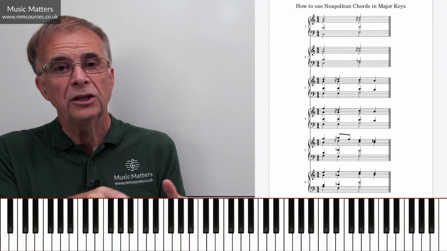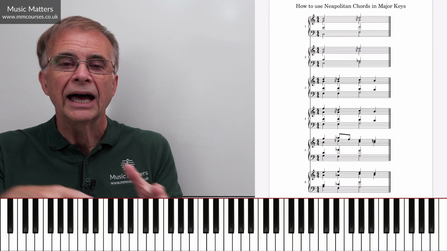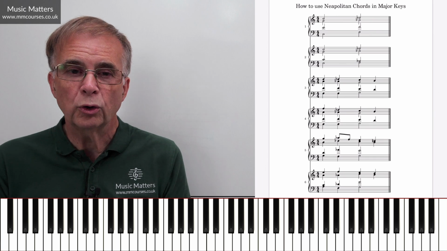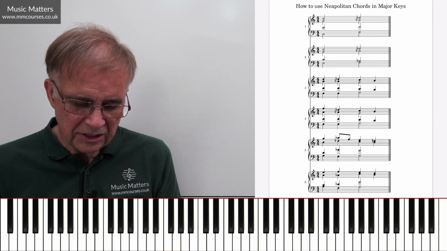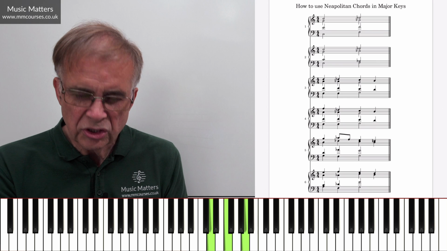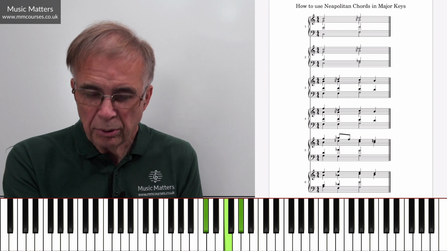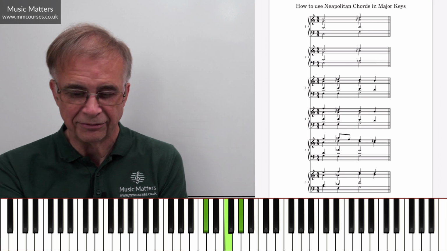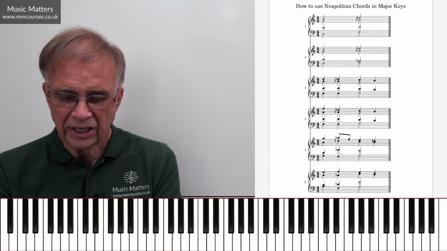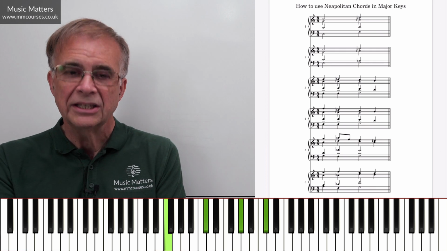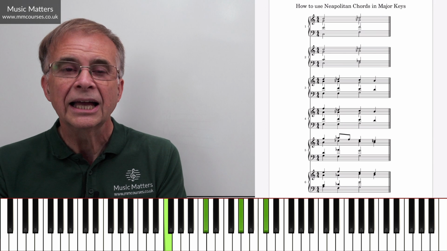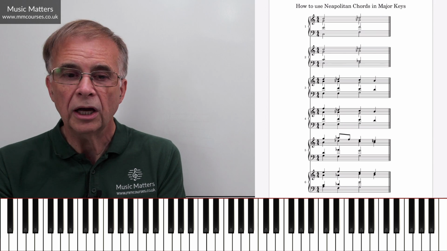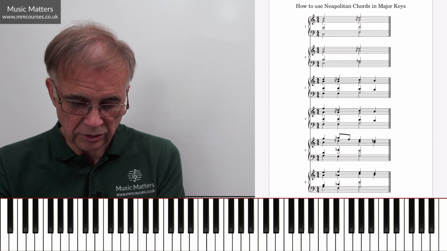So in other words, you can have a Neapolitan chord and you can follow it with chord 5. So I'm in C major, I found my chord 2, I've got my Neapolitan organised, D flat, F, A flat. I've now put that in first inversion, so I've got F in the bass, and I can go from there to a chord 5, a dominant chord.